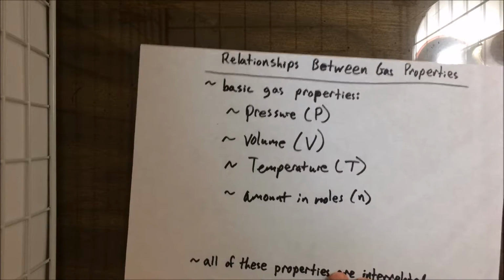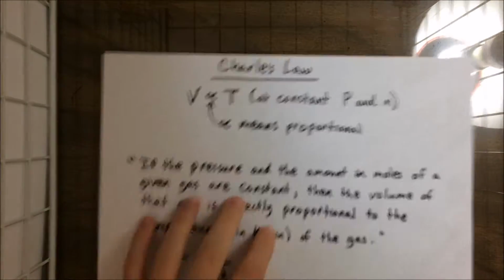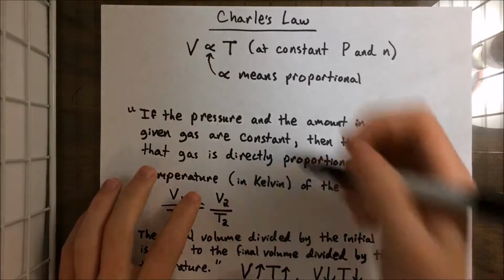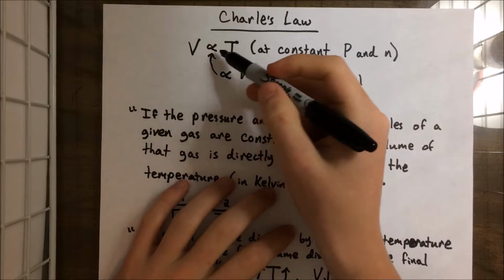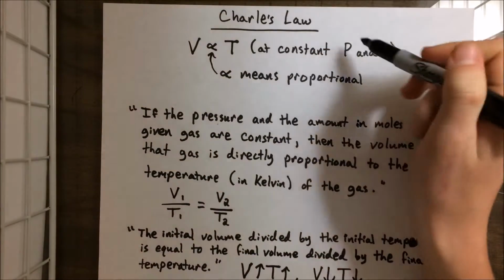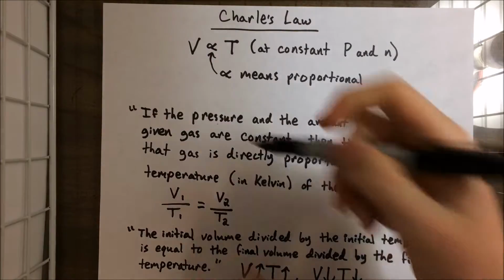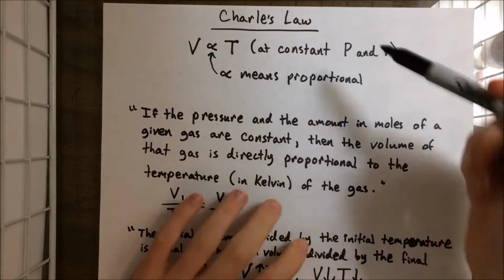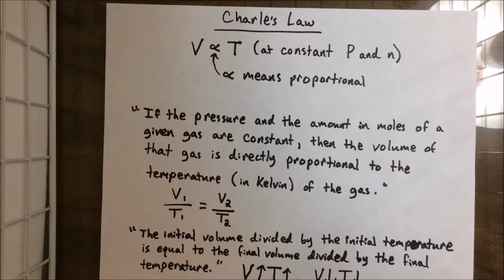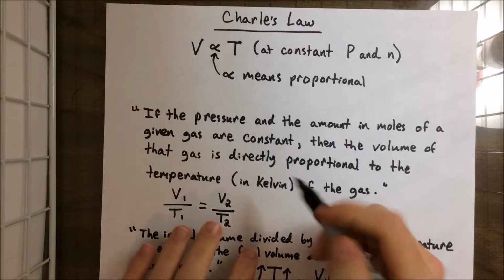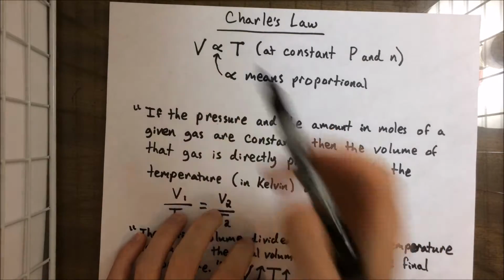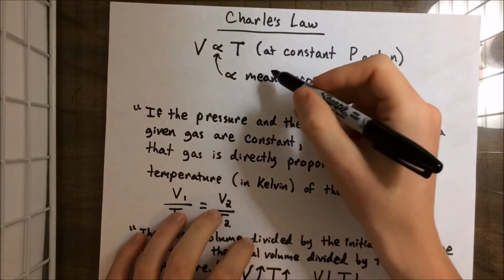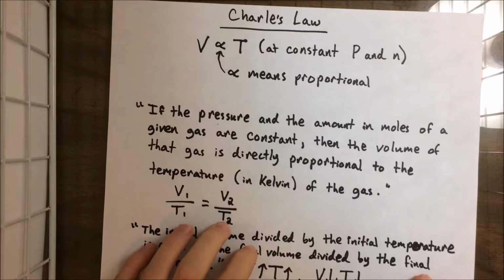Okay, so to look at Charles' law, we have that V is proportional to T, V alpha T, at constant P and n. This means if the pressure and the amount in moles, P and n, of a given gas are constant, then the volume of that gas, V, is directly proportional to the temperature, T, in Kelvin, of the gas.